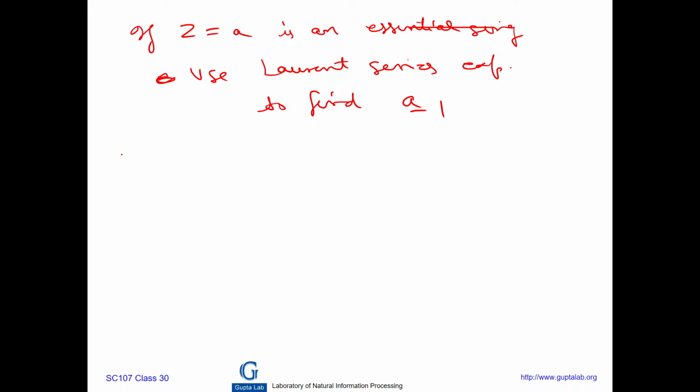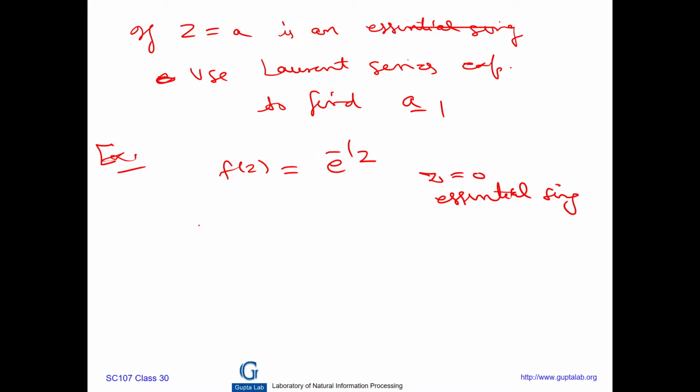So for example, if f of z is equal to e raised to power minus 1 by z, and we know that origin is here as an essential singularity, then e raised to power minus 1 by z is equal to 1 minus 1 by z plus 1 over factorial 2 z square minus 1 over factorial 3 z cube and so on.